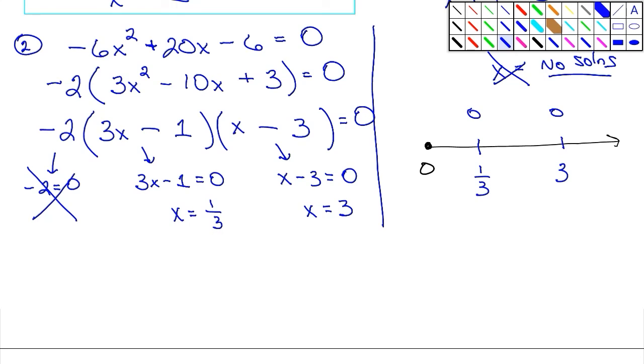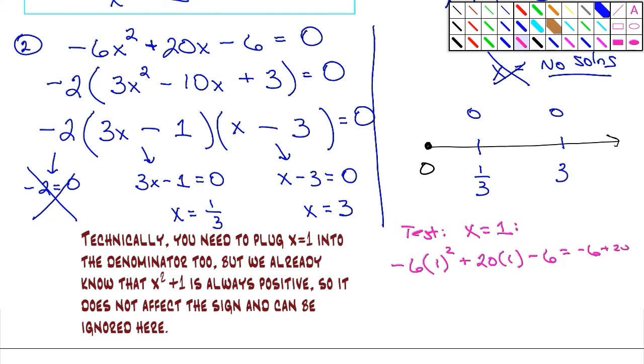All right, let's pick a test value. And I will pick x is equal to 1. So we're going to plug 1 into the function. It's the original function, or you could use the factored version. It's your choice. But it's negative 6 times 1 squared plus 20 times 1 minus 6, which is negative 6 plus 20 minus 6, which is plus 8.